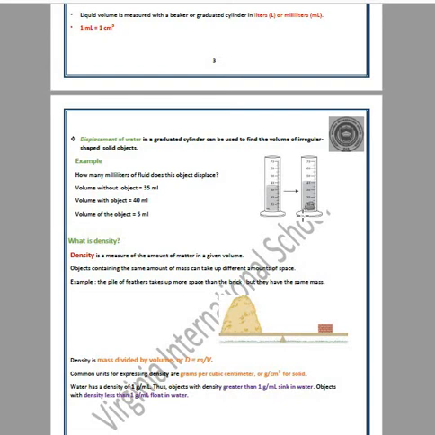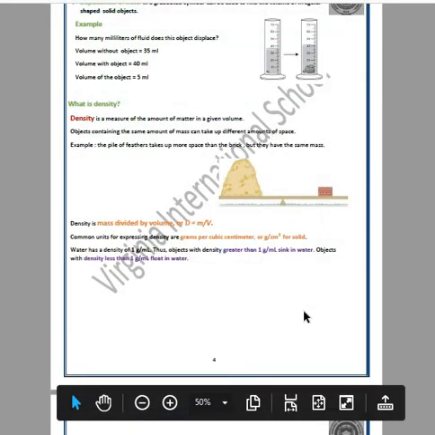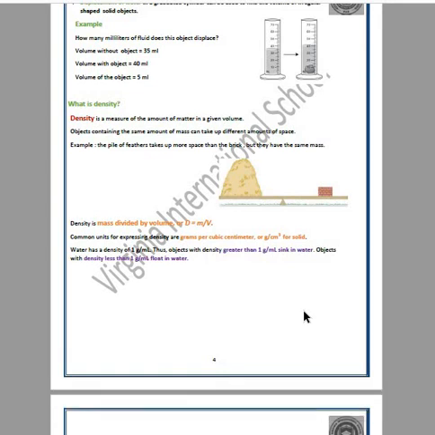Okay? The last thing in this lesson is density. What's density? Density measures two factors. We measure the amount of matter in a given volume, which means we measure the mass according to a given volume.